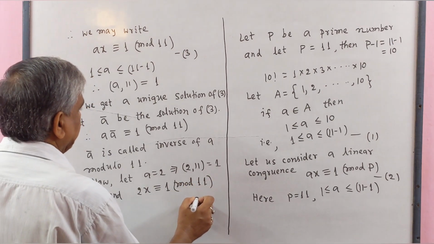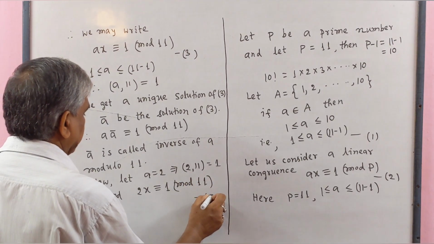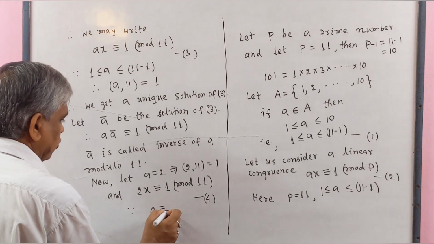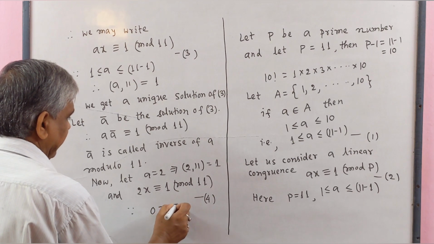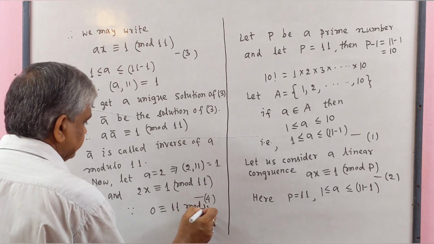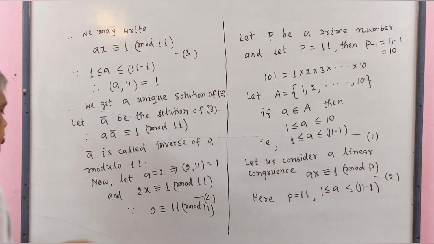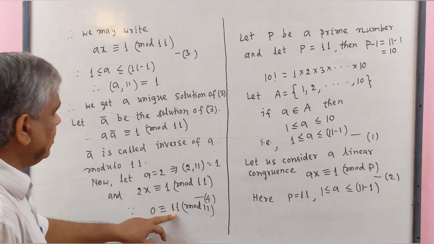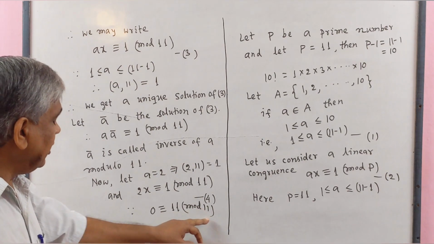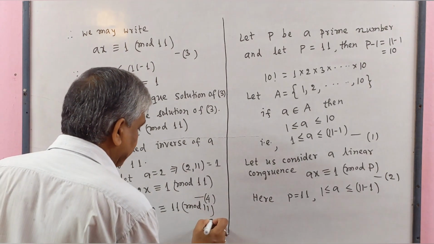Let this be number 4. Since 0 is congruent to 11 modulo 11, because 0 minus 11 is minus 11, which is divisible by 11. Let this be number 5.